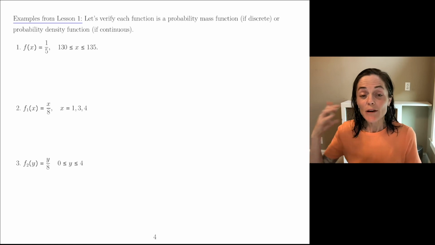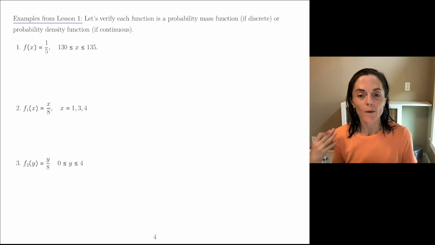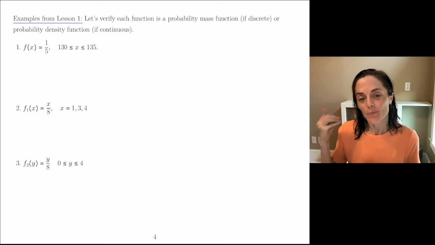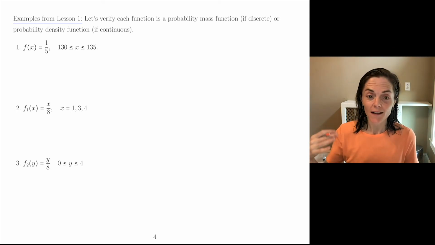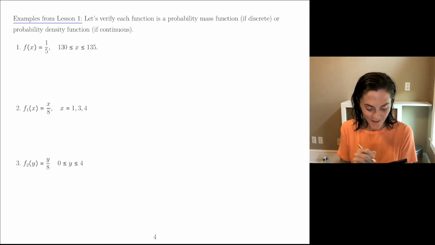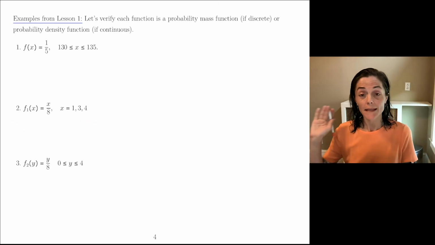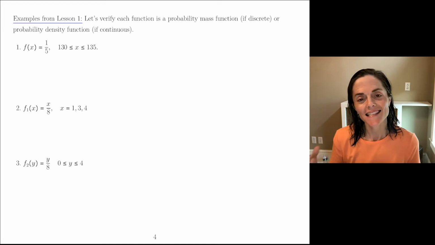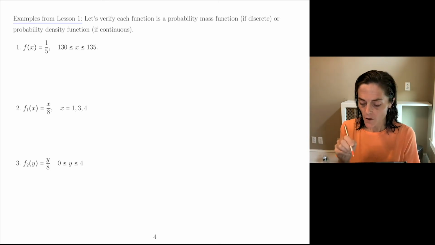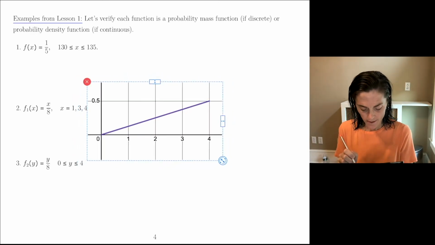All right, here are 3 examples from lesson 1 that we just used, but we will verify using property 1 and property 2 that we have, well, either a probability mass function, the only discrete one is here, or a probability density function. In the last lesson, we just kind of took my word for it and worked with them. So let's see, I have the graph of this bottom one.